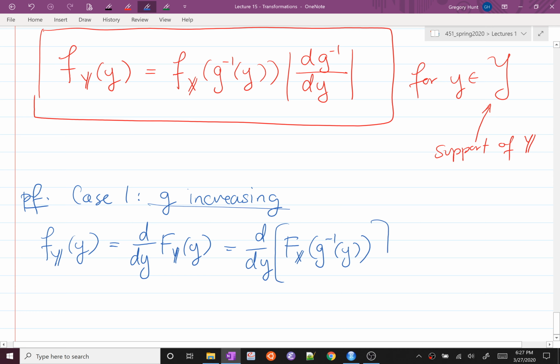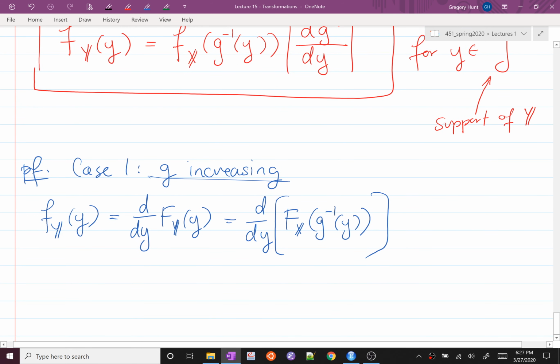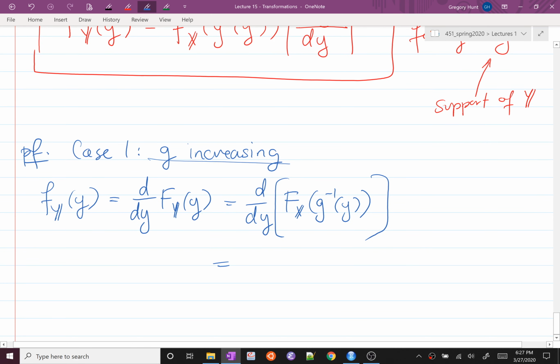And so my PMF, or PDF of y, is a derivative of this thing with respect to y. And so we have to apply the chain rule. By the chain rule, I take the derivative of the outside function, which is little f_X, and I leave the inside alone. And then I multiply by the derivative of the inside, which is the derivative of g inverse dy.